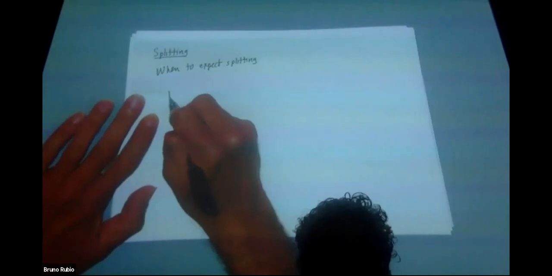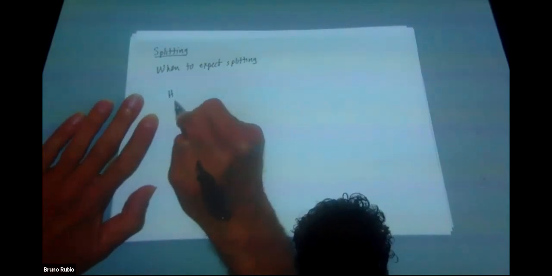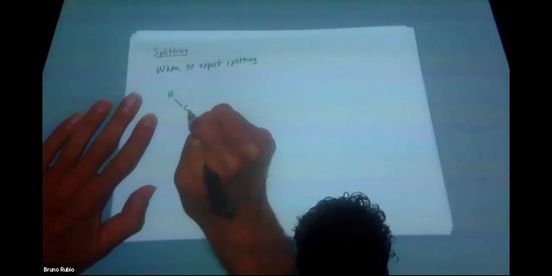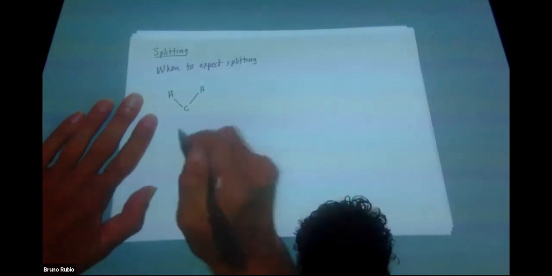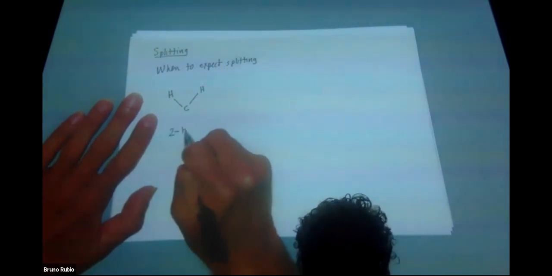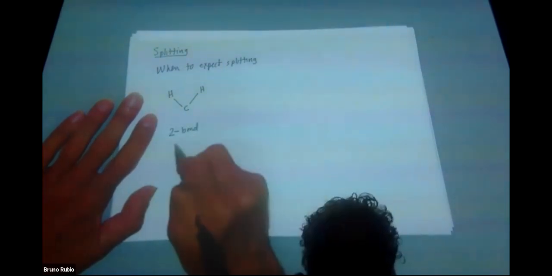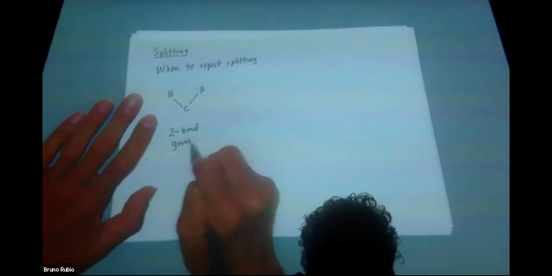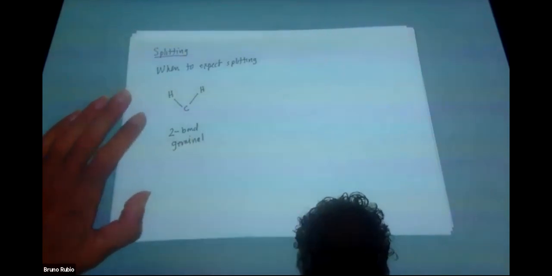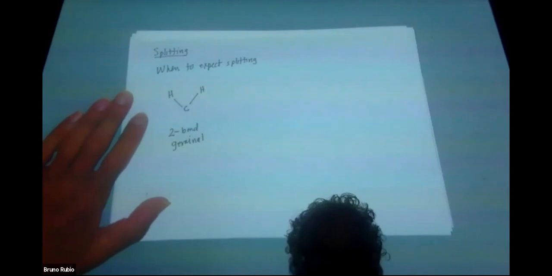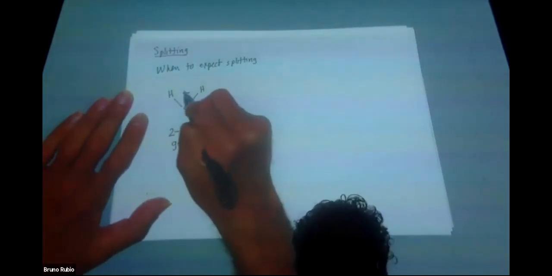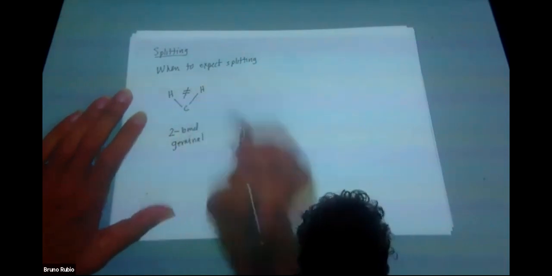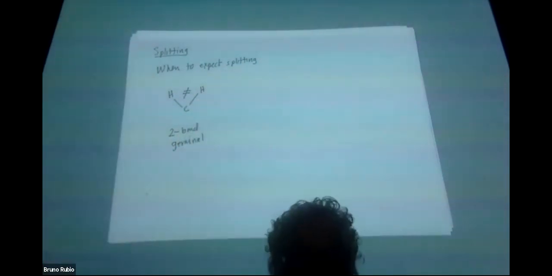So if we have a proton that is 2 bonds away from another proton, and all important here, this is called 2-bond, or also called geminal splitting. When a proton is 2 bonds away from another proton, and all important, these protons are not equivalent to each other.